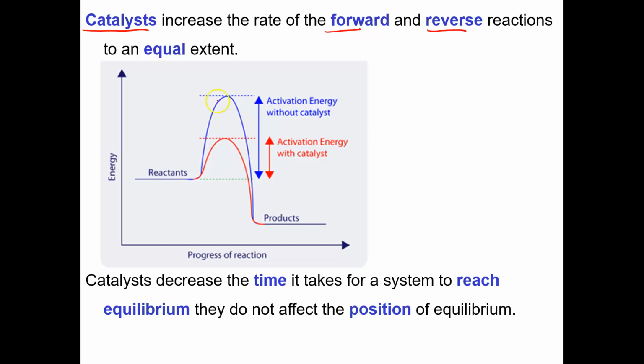That's because they lower the activation energy of both the forward and the reverse reaction by the same amount. So, catalysts will decrease the time it takes for a system to get to equilibrium, but they won't affect the position of equilibrium. That is, they won't affect the amount of reactants and products that are present when the system is at equilibrium.